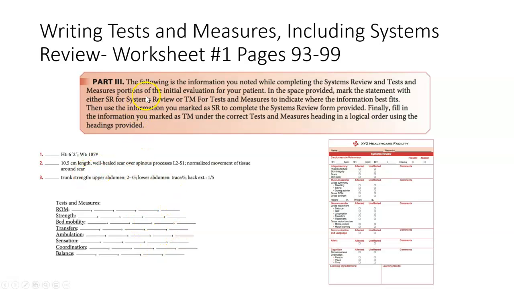Then anything that you mark for the systems review, you're going to fill in the form there. So in this case, you can see if they mark somewhere in there that they are having different components within the systems review, from those you'll fill that out.